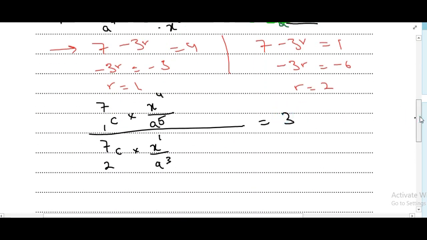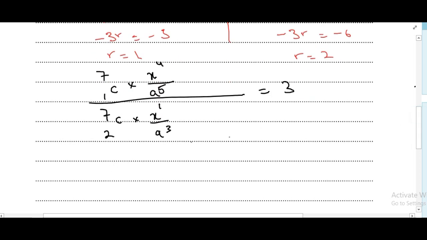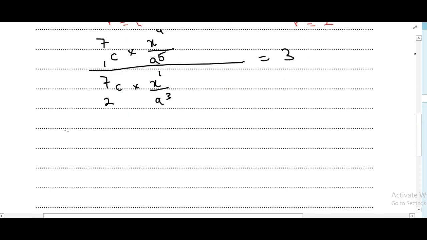Now, it would be written as 7C1 is 7, so 7 times x⁴ times a^(−5), divided by 7C2, which is 21, times x times a^(−3), which equals 3.